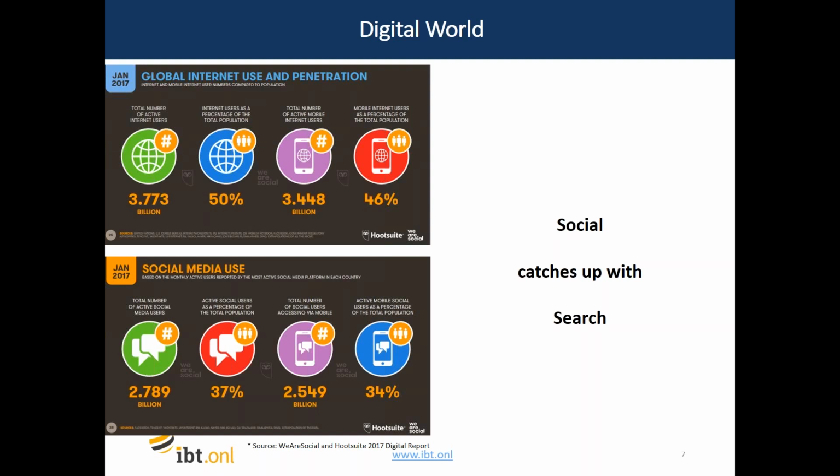Now, at the moment, there's still a little bit of a divide. You can still divide some of it. Search is still slightly above what social is, but it is fast catching up. Social is growing, as I said, at double-digit levels, and the organic reach is shifting towards that social, blending that social into the search function.